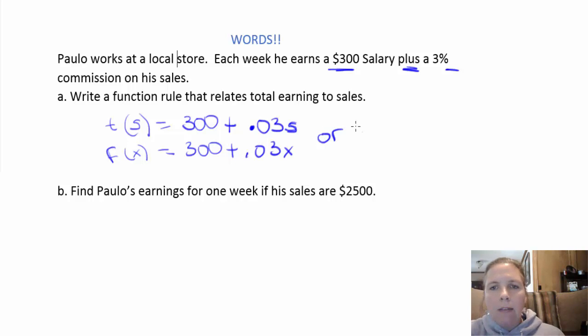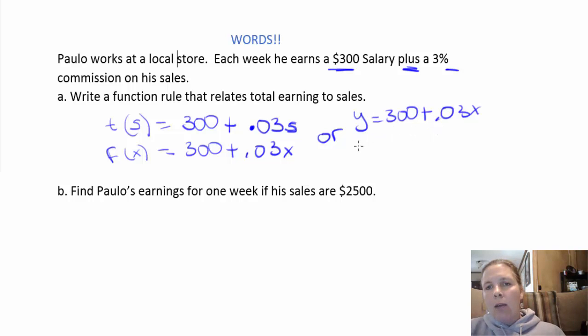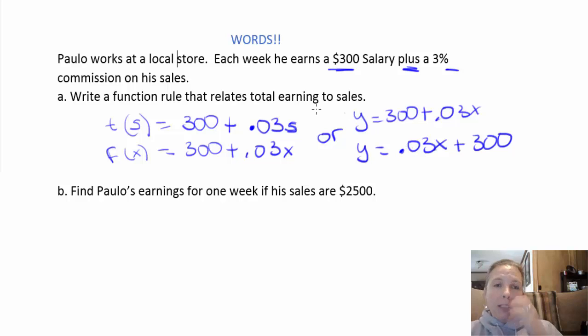Or I would even take y equals 300 plus 0.03x. And really, if you want to write it in y equals mx plus b form, you just need to rewrite it with that x first. Okay? I will take any of these. When it says write a function rule, it really means this, f of x or t of s.